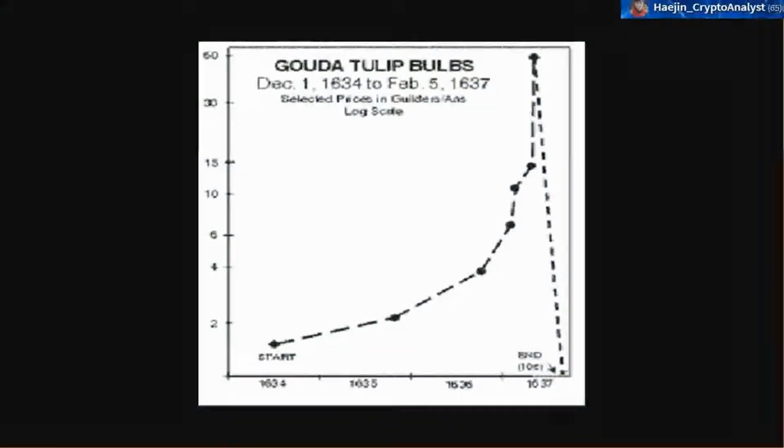We all know this chart of the tulip bulb mania. And I had said that mania goes vertical. I think it was somewhere either here or maybe here. I don't know for sure. But we're well past the beginning, really.